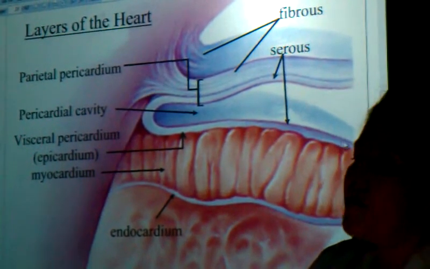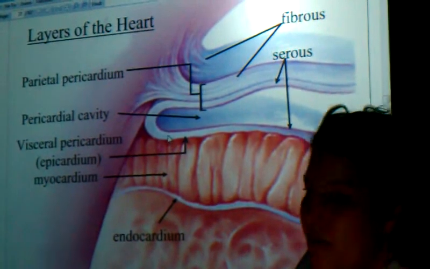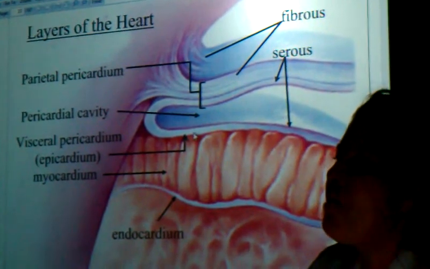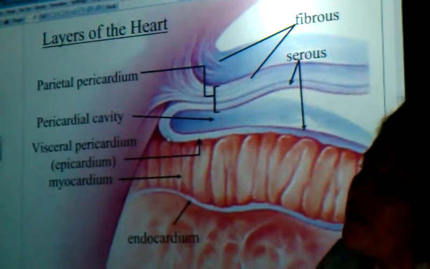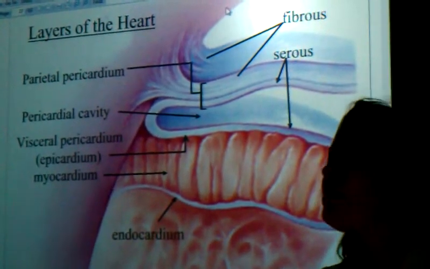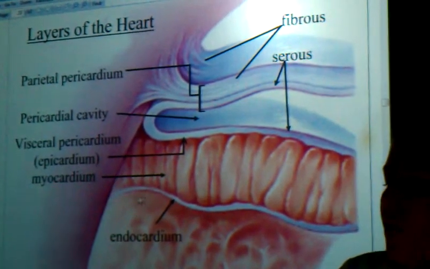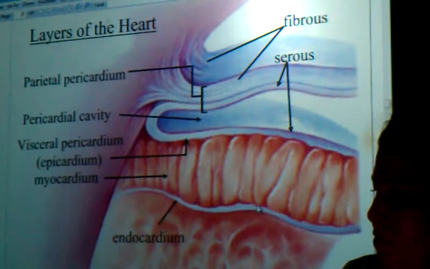Okay, the visceral layer of the pericardium is actually the epicardium, the outermost layer of the heart. So it serves two purposes, so it has two names. Okay? So if you were to go through from inside to outside the layers of the heart, we would have the endocardium, made of endothelium.